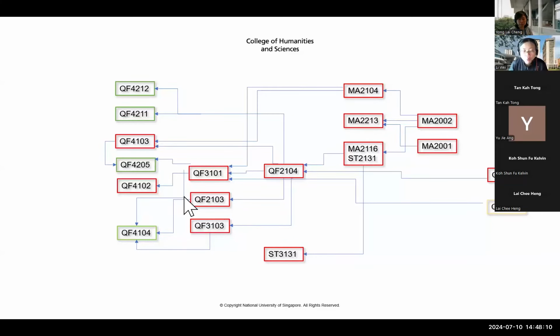After that, we have several courses, like QF 3101 and QF 3103, and maybe QF 4102 and QF 4103. These are the 3 or 4 courses which require you to do some computing assignments.